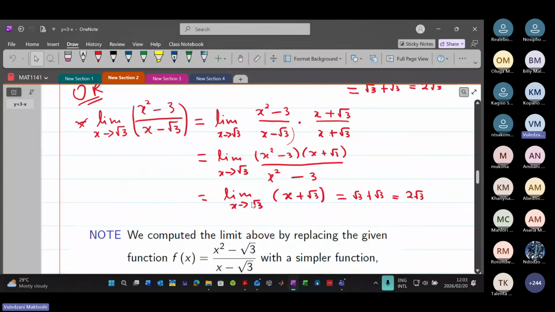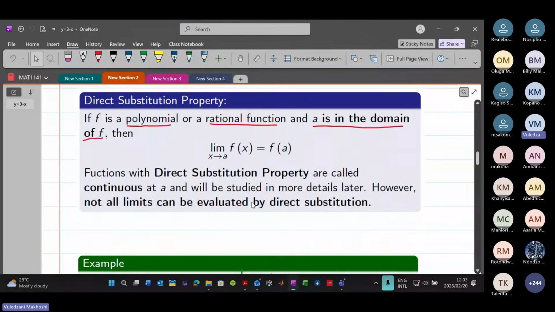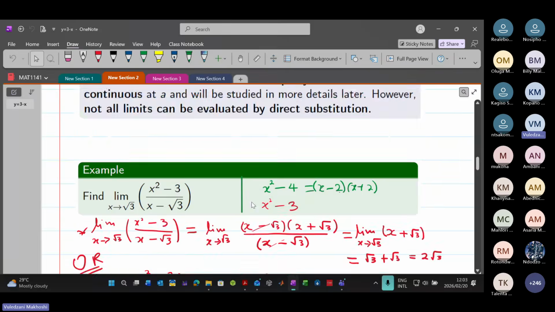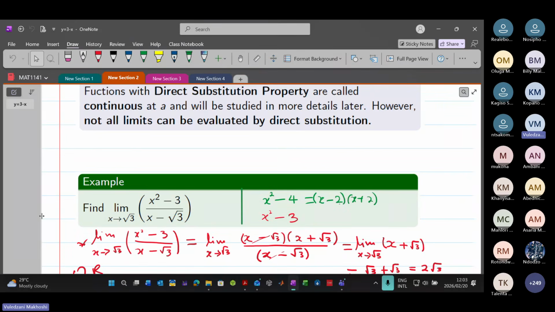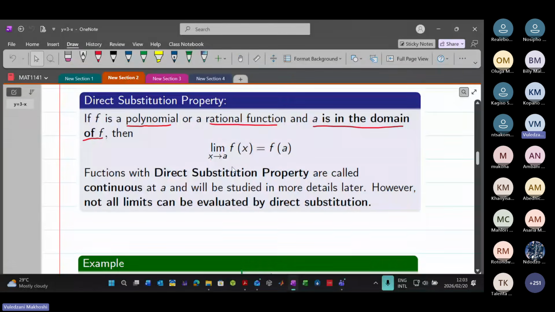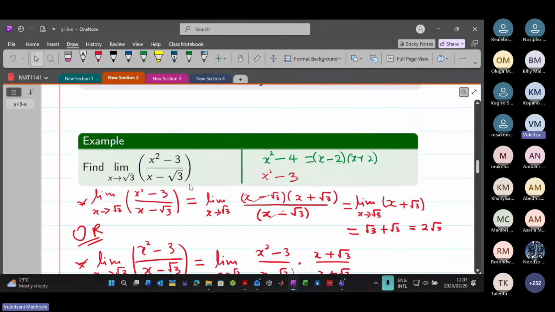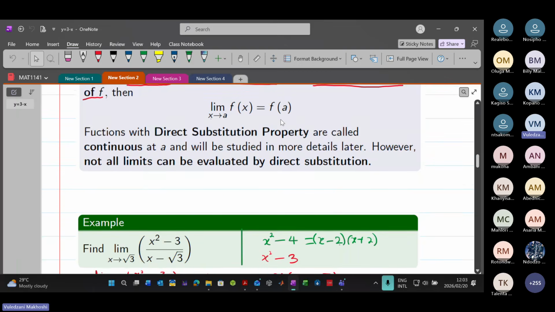So before we do direct substitution, we first check whether the number we are approaching is in the domain of our function or not. If it is not in the domain of our function, what we do is to rewrite the given function in such a way that it gives us a new function.